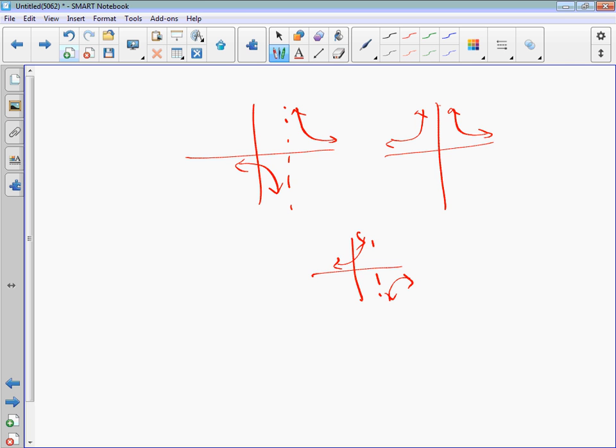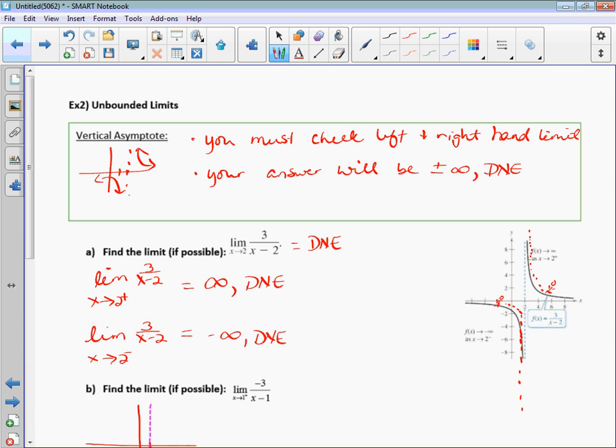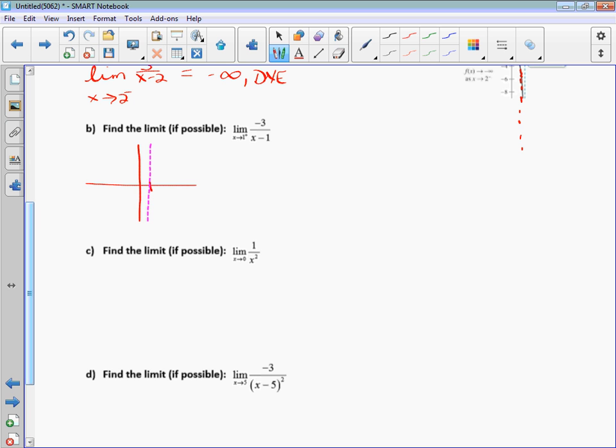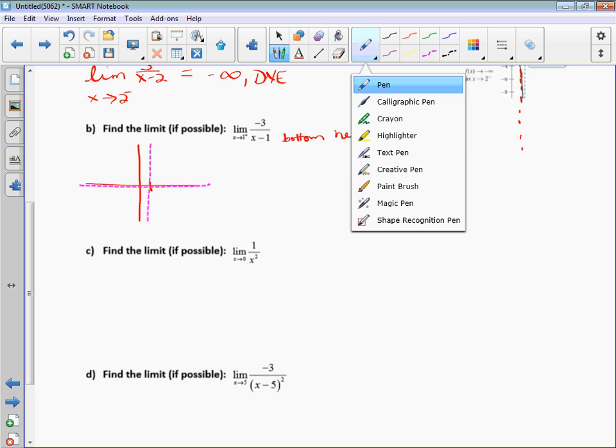Like there's 2 pieces in each graph. Okay. We just need to figure out where those pieces are going. So I am looking at this. It's bottom heavy, which all of these are going to be bottom heavy. And all that means is that I also have an asymptote right on the x-axis, which just helps divide up my quadrants so that I can see where the graph is going.